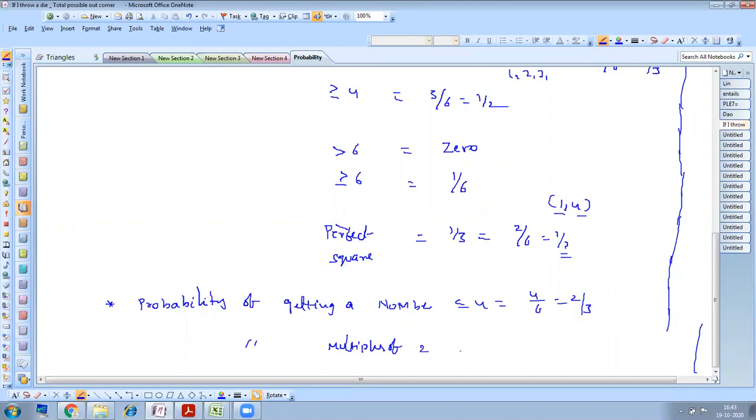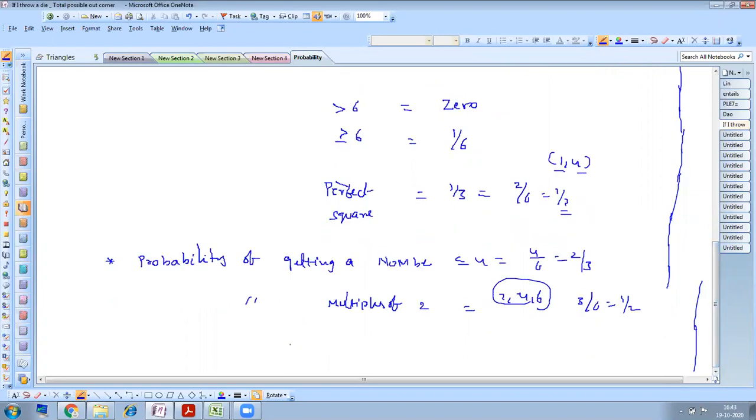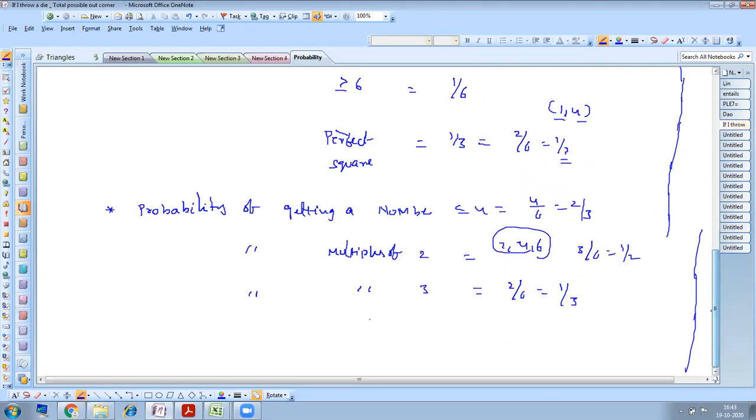The multiples of 2 are 2, 4, 6, so total 3, so 1 by 2. Multiples of 3: 1 by 3. Multiples of 6: 1 by 6. Like this, they may ask n number of questions, but all the questions are within our sample space only. They won't go beyond the sample space.